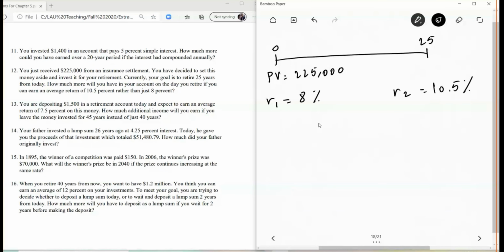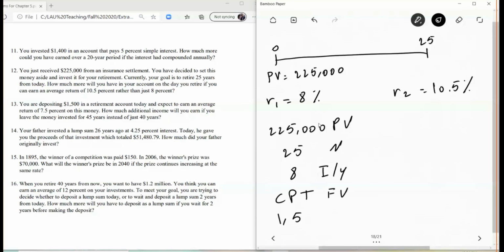Now, in the first scenario, I have 225,000, this is PV, 25 is N, 8 is IY, I compute FV. The future value in this case is 1,540,906.9.